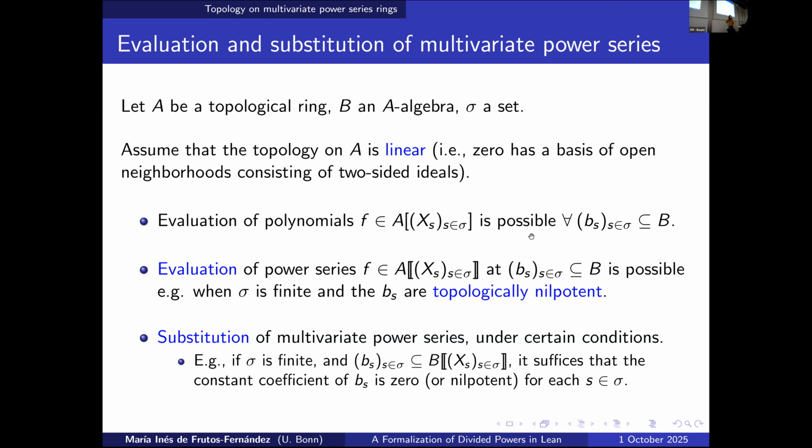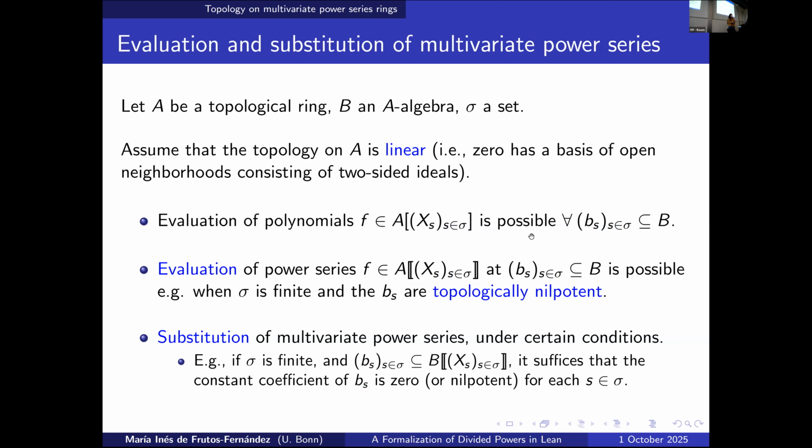We added the definition of linear topology for rings and modules. And then evaluation of power series is going to be possible if you are evaluating in a family that doesn't make the series go to infinity. So for example, when the set of variables is finite, you just need all of the elements to be topologically nilpotent, which again is a notion that we formalized in Lean.